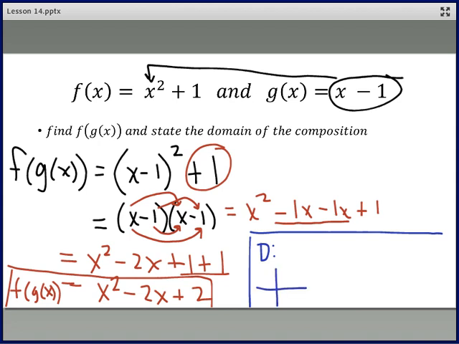Now again, we've got to state the domain. If you're not sure about domain, remember it's always what values you can use for x. And again, don't be afraid to use that graphing calculator. If you were to graph this, this is going to be a parabola.